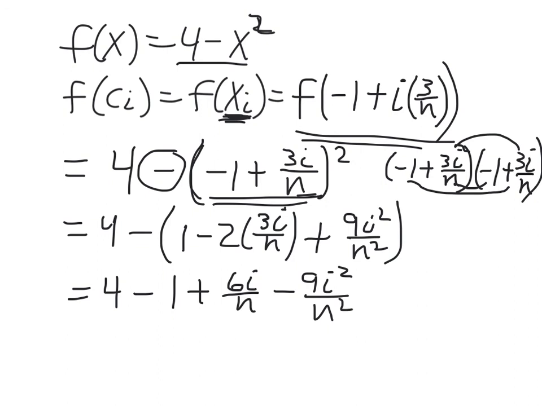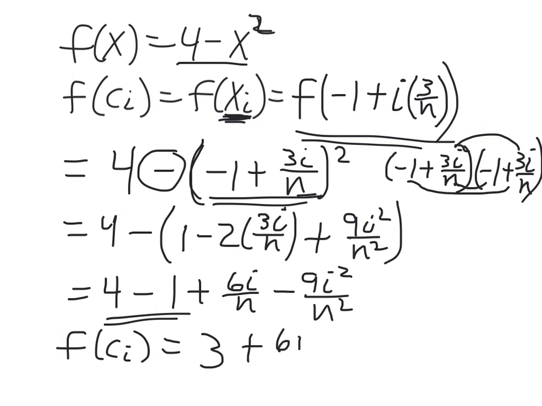And then finally, we can go back and say f of c sub i, might as well do that little operation: 3 plus 6i over n minus 9i squared over n squared.